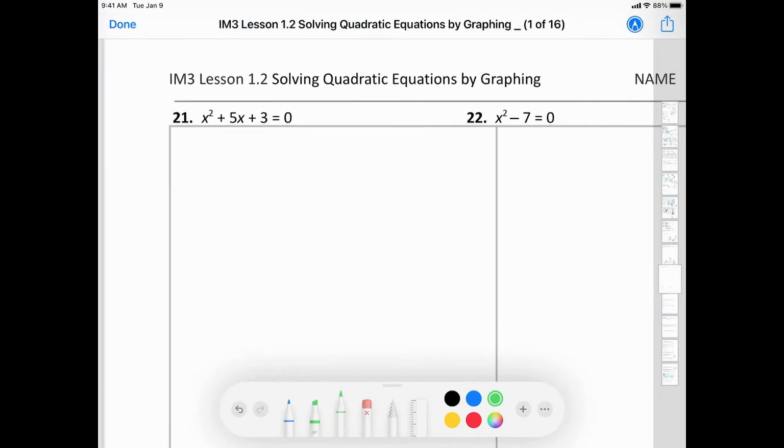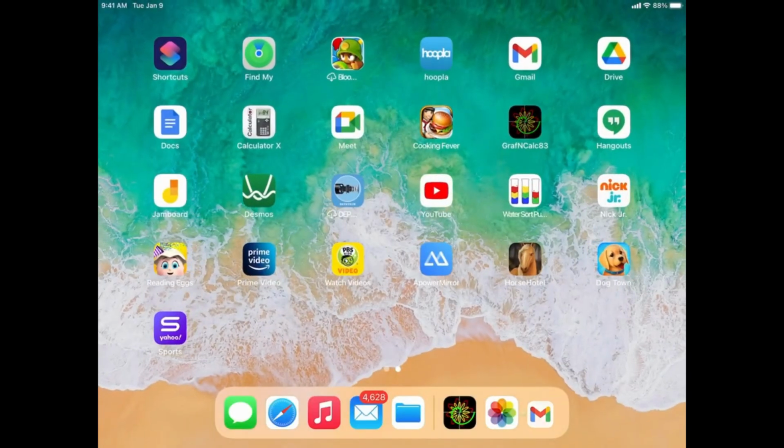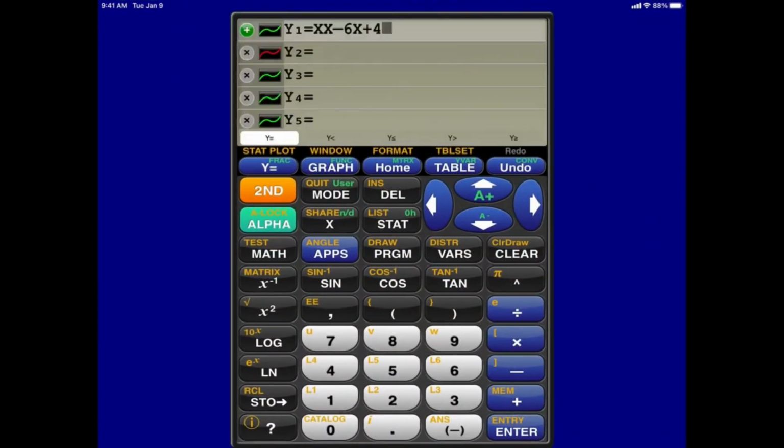All right, let's look at number 21. Let's go ahead and graph that. Y equals x squared, which is over by the 7, plus 5x plus 3.